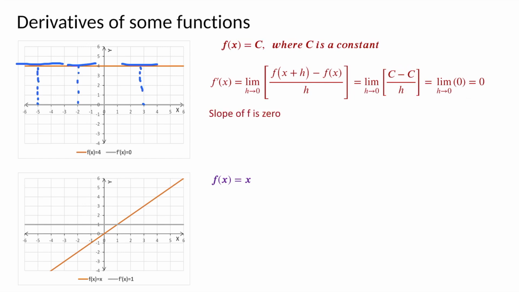And look at this other example here, f(x) equals x. This is the identity function. The straight line here, the orange line, makes an angle of 45 degrees from the x and from the y axis.